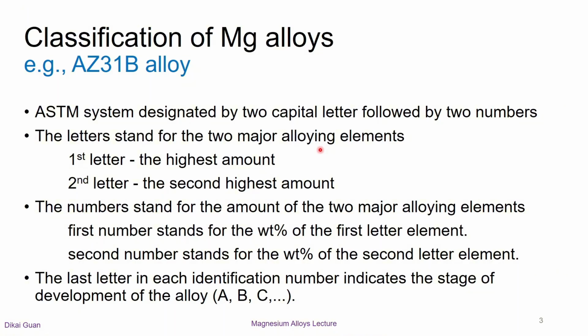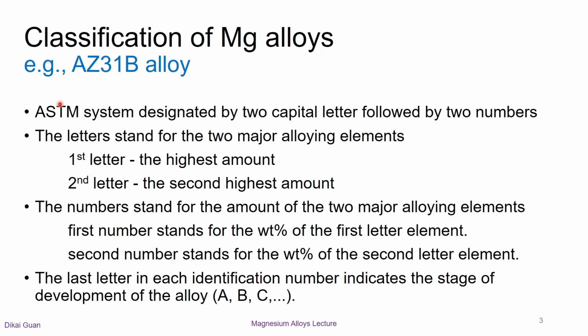First, let's just imagine that you come across a magnesium alloy, AZ31B, in a publication. If you do not know the classification, you will have no idea what element and their amount in this magnesium alloy. The International Magnesium Alloy designation is based on the American Society for Testing and Materials, which is called ASTM.